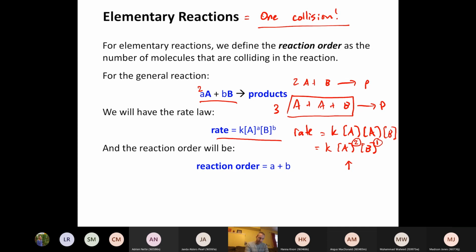It's the superscripts added together. So you can either look to see what is actually reacting in the elementary step and count them up, or look at the rate law and add the exponents together. If there's nothing shown there, the implication is that there's a 1. So 2 plus 1 is 3, and that would be the order of the reaction.